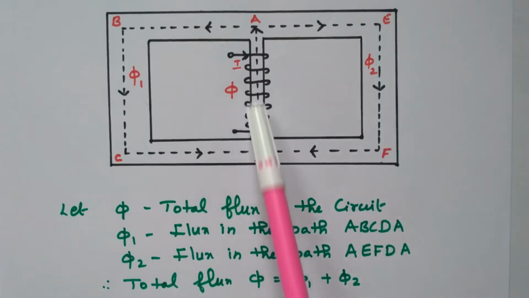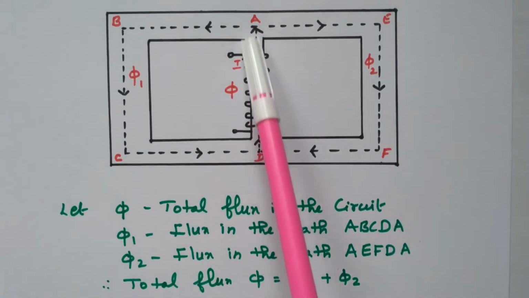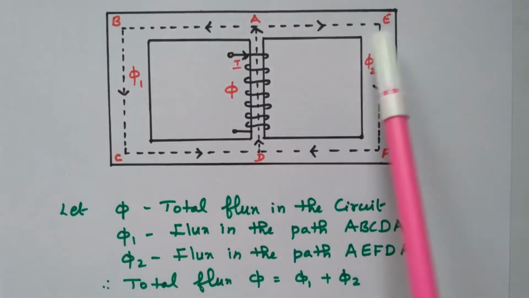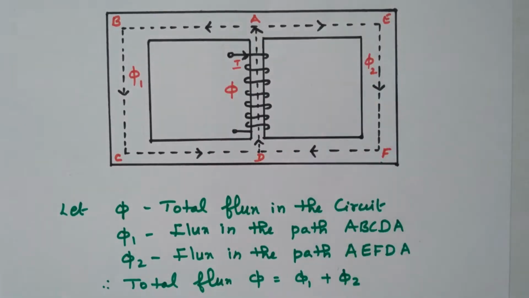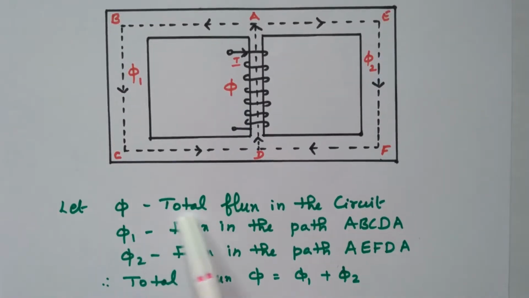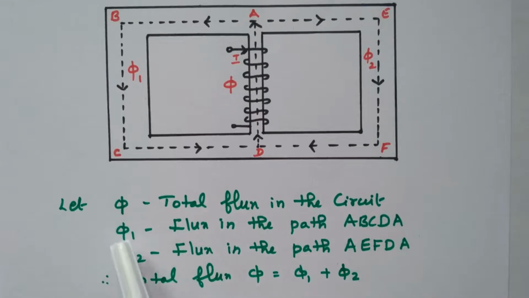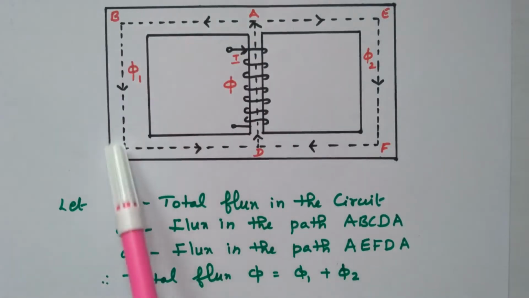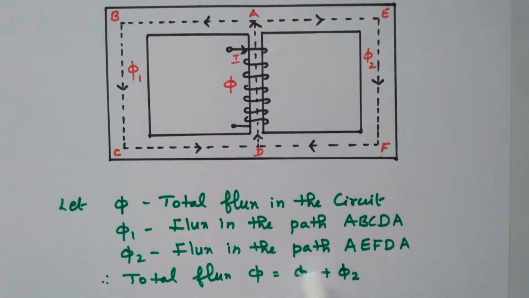At the center limb the total flux is available, and at this point it is diverted into pi 1 and pi 2. Pi is the total flux in the circuit. Pi 1 is the flux in the path ABCDA. Pi 2 is the flux in AEFDA. So the total flux pi is nothing but pi 1 plus pi 2.